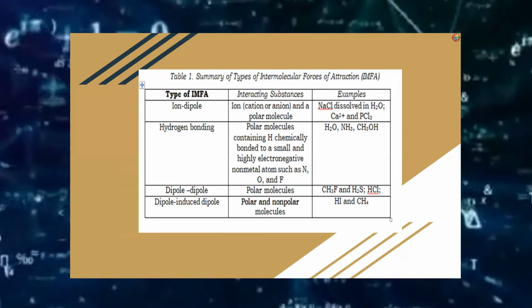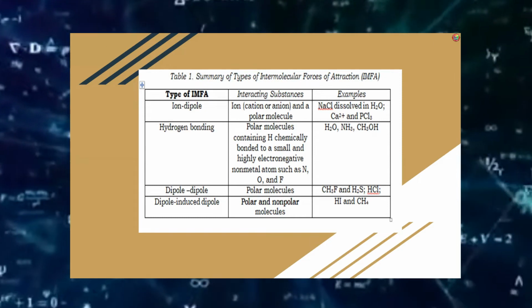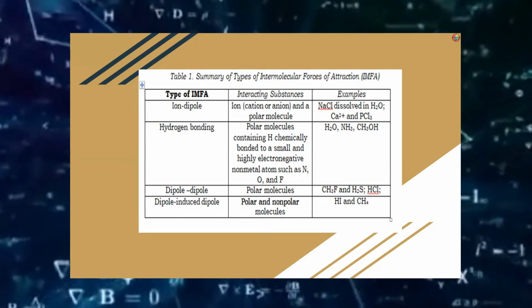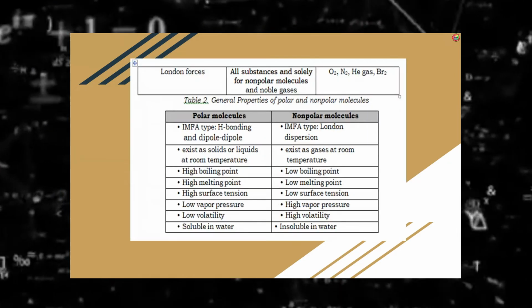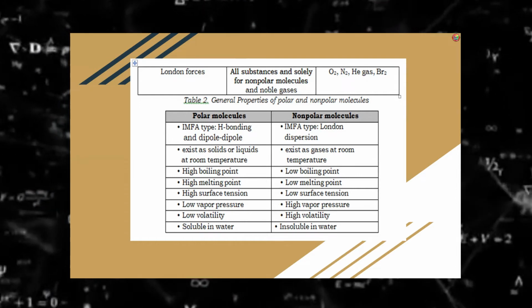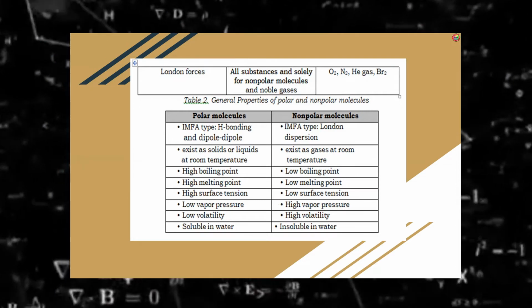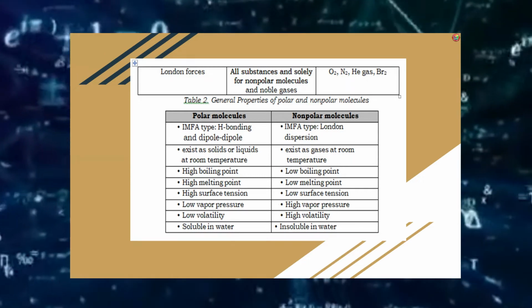We have dipole-induced dipole, with polar and nonpolar molecules, and examples are hydrogen iodide and methane. And of course, we have the London forces, which apply to all substances and solely to nonpolar molecules and noble gases. Examples are oxygen gas, nitrogen gas, helium gas, and bromine gas.